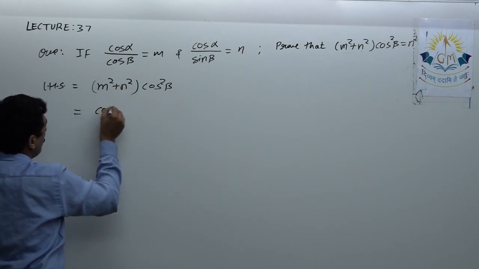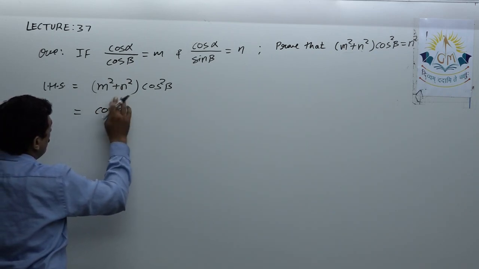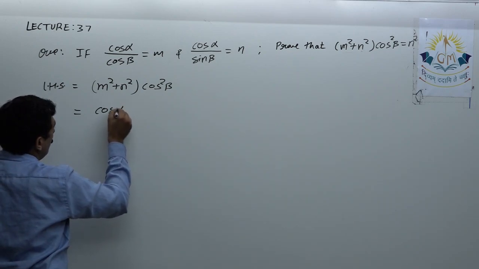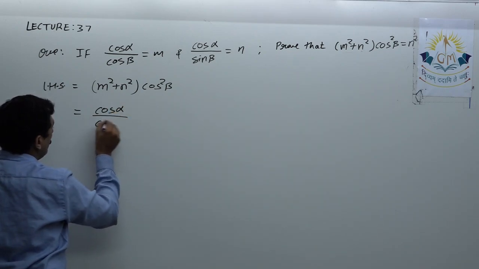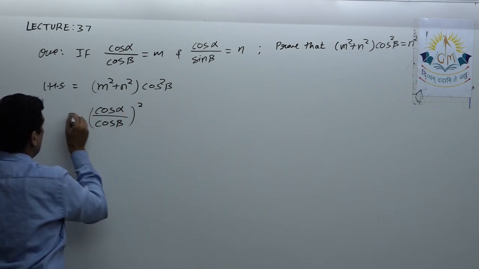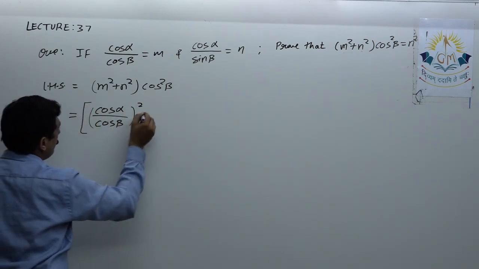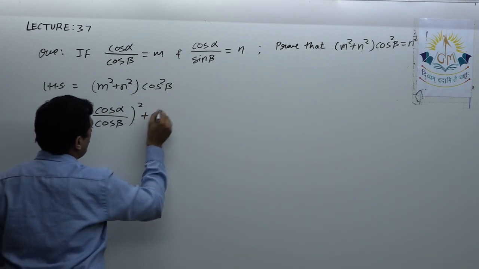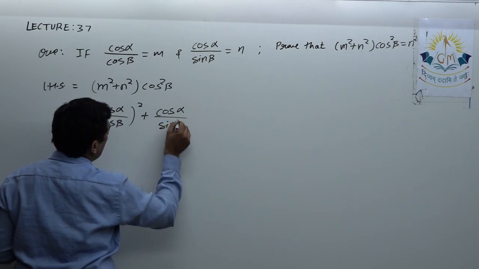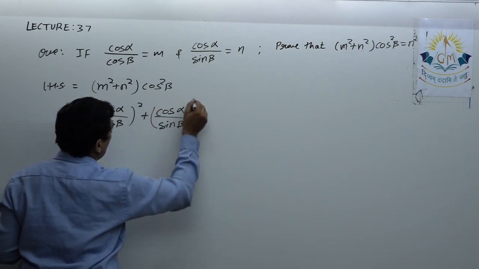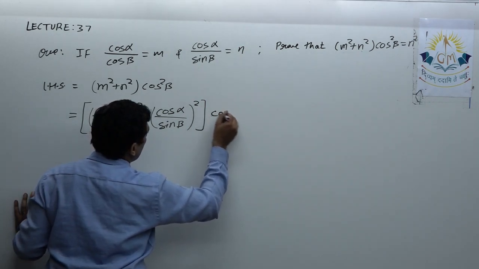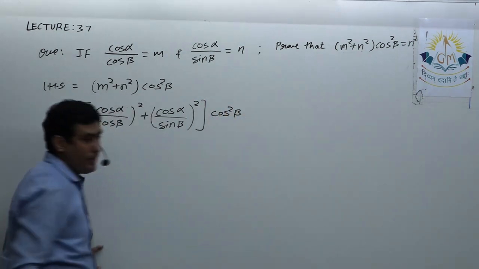M is actually cos alpha upon cos beta whole square, this is m square plus n square, that is cos alpha upon sin beta whole square, multiplied by cos square beta.